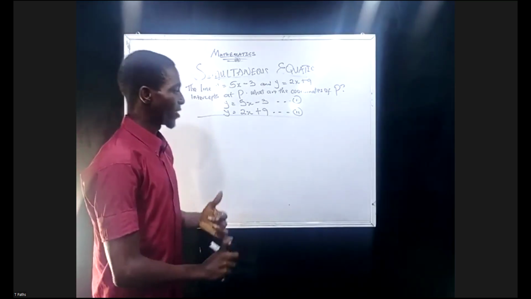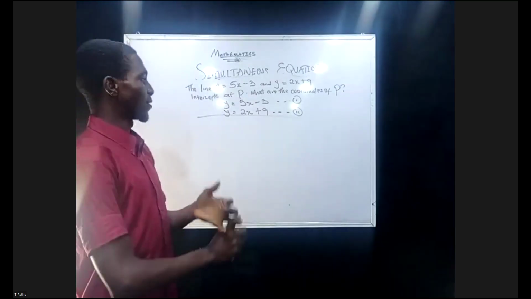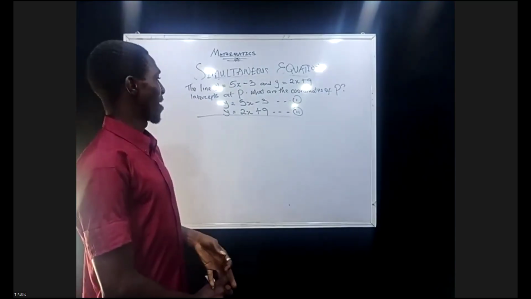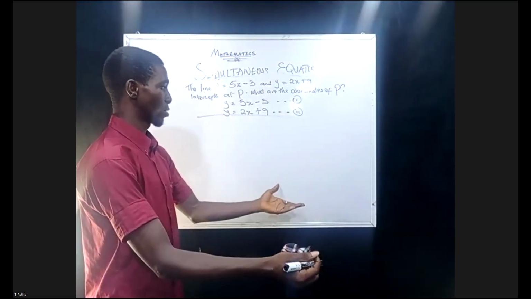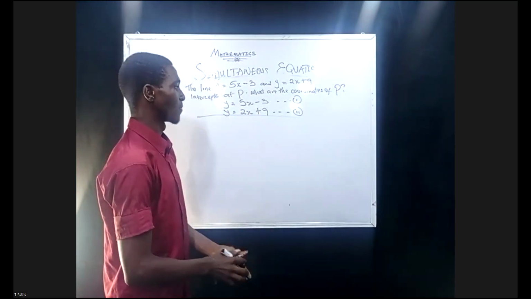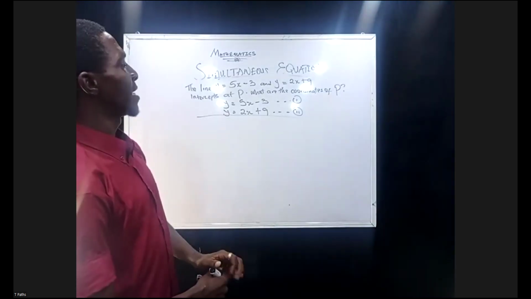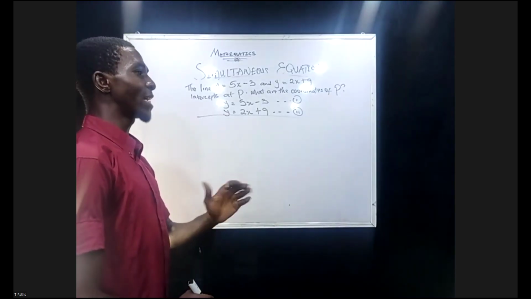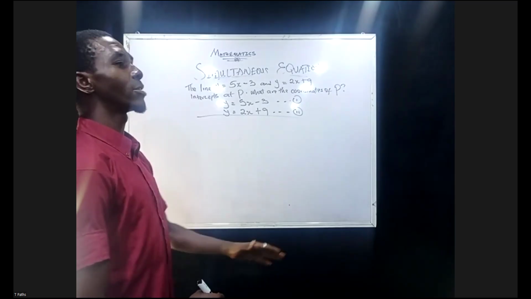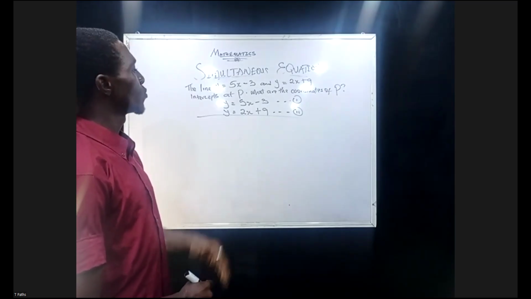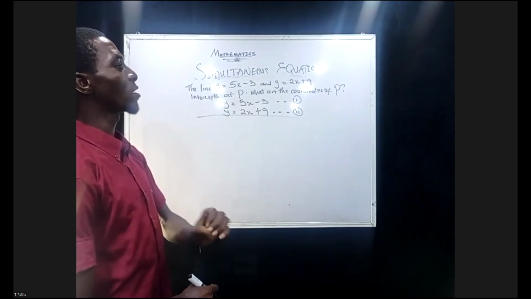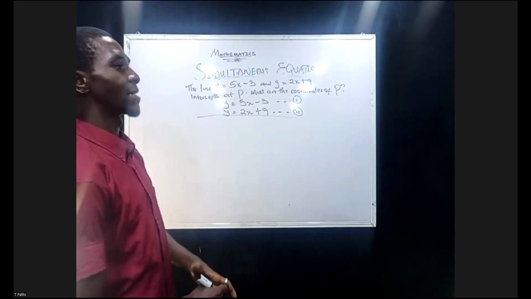We have the elimination method, the substitution method, and I think the factorization method also. But in simultaneous equation, the simplest of all is the elimination method, because you need to make one term equal to the other for you to eliminate.